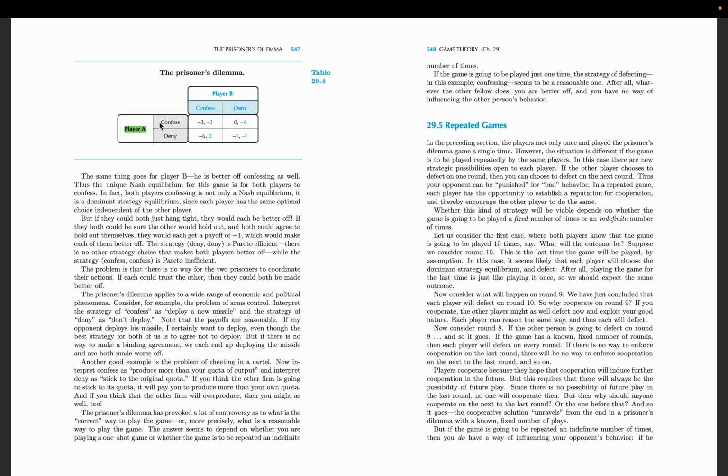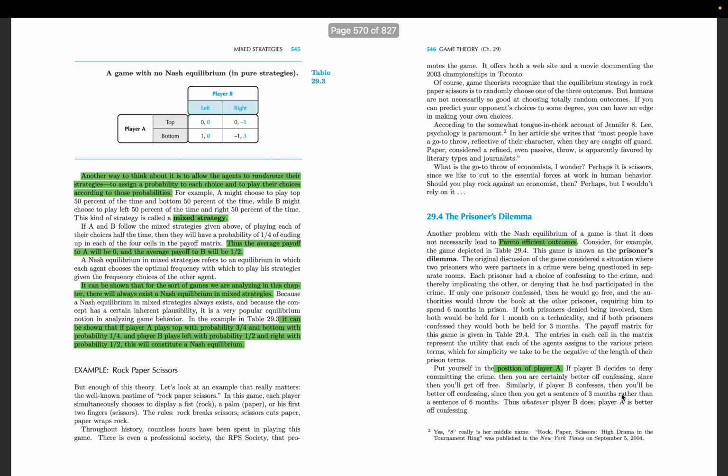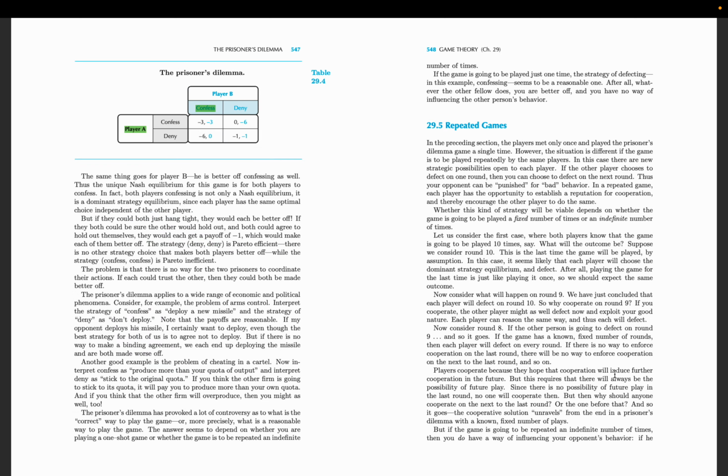Let's assume that player B is confessing to the crime. Then for player A, the better outcome is to confess as well, because he has a negative 6 months if he denies it, and a negative 3 months if he confesses as well. So that's the case where he's going to be better off in case B decides to confess.